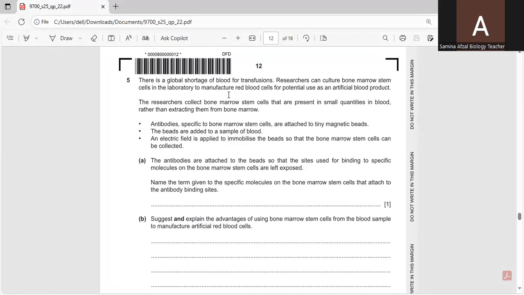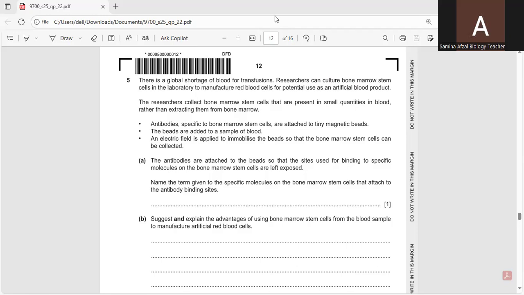There is a global shortage of blood for transfusion. Researchers can culture bone marrow stem cells in the laboratory to manufacture a red blood cell. For potential use as an artificial blood product, the researchers collect bone marrow stem cells that are present in small quantities in blood rather than extracting them from bone marrow.